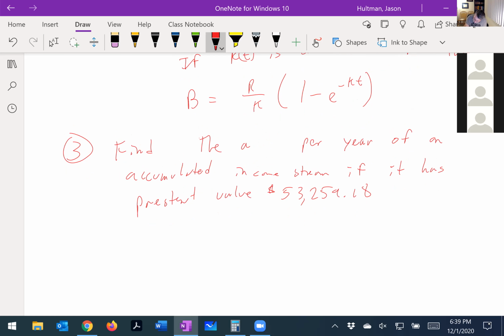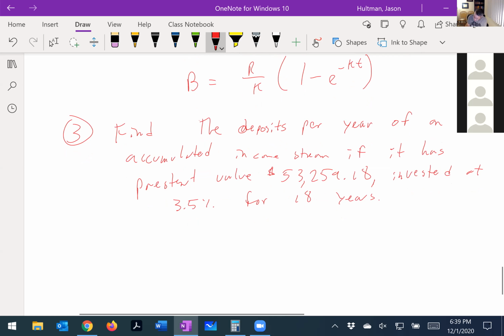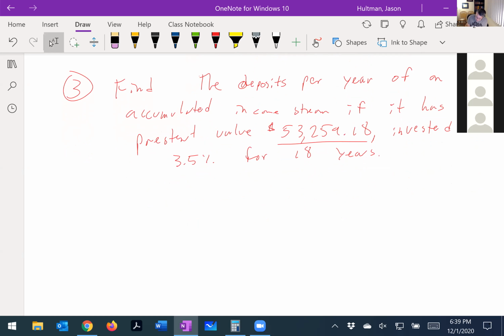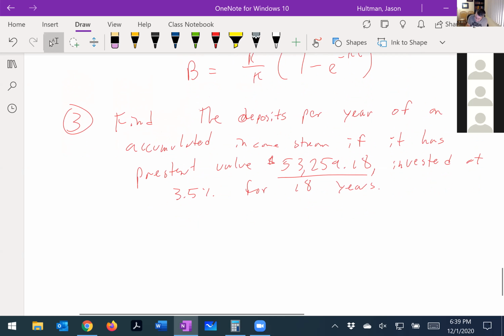Find the deposits per year of an accumulating income stream if it has present value of this amount, invested at 3.5% for 18 years. Okay, and so let's find R in this case.